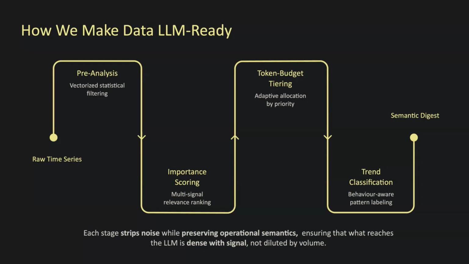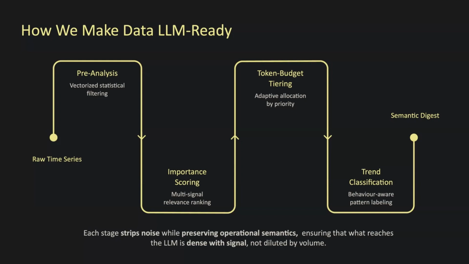So what we do differently here is we treat tokens as a budget that gets allocated deliberately. And the goal here is high information signals get more space in the context, and low information signals are not completely truncated, but they have just enough context to present the full picture to the LLM. And finally, the last step is trend classification. Once all of these numerical patterns are identified, we translate them into a language that LLMs can understand better.